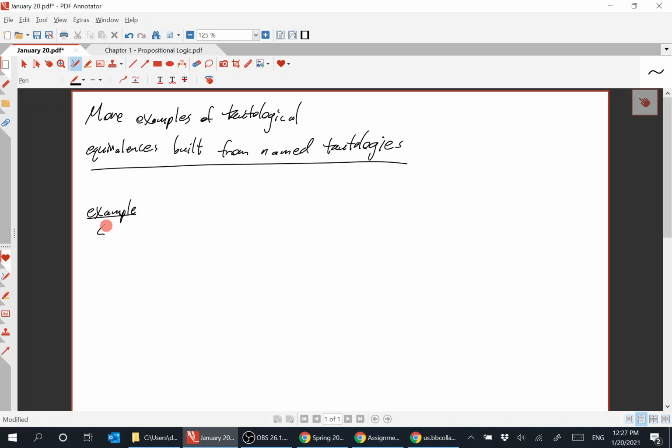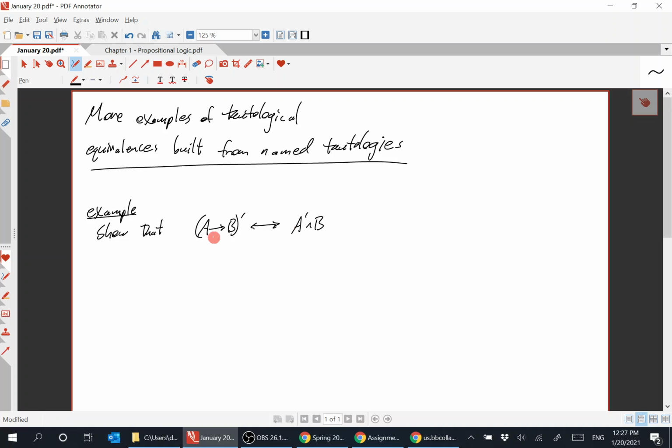Anyway, to show that A implies B naught is logically equivalent to A and B naught. This is an easy one, just a quick one, but it's one to remember. If you have an implication, if A then B, and you want to negate it, the negation is the conjunction A and B naught.